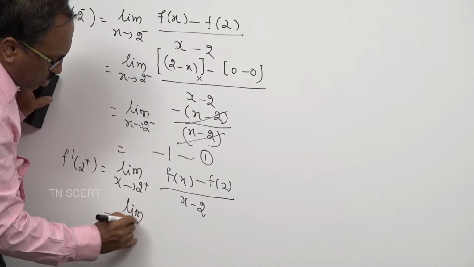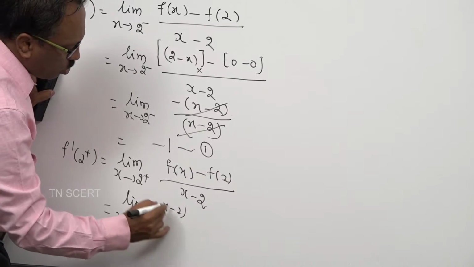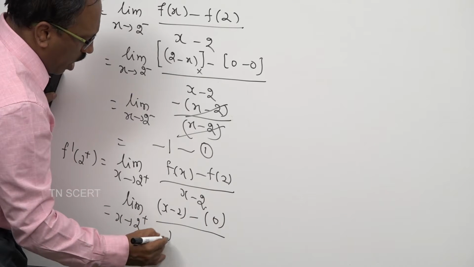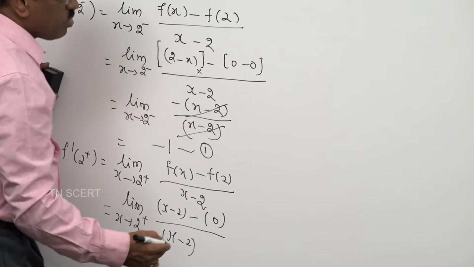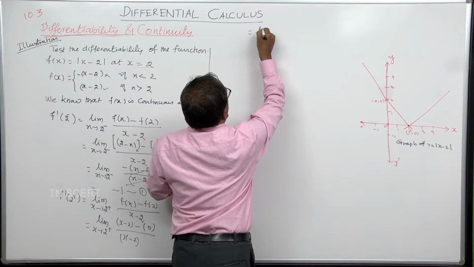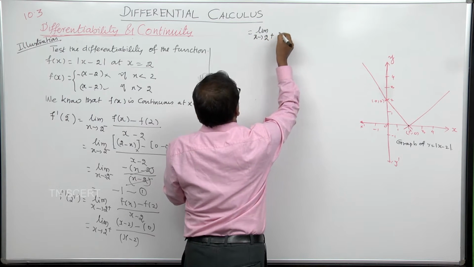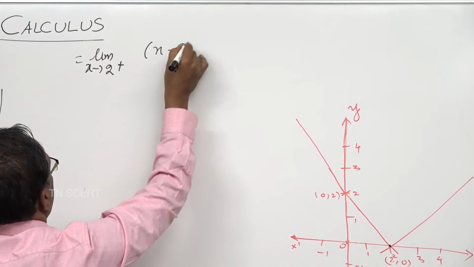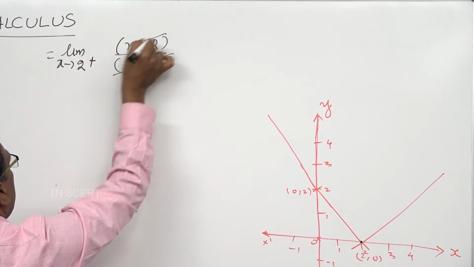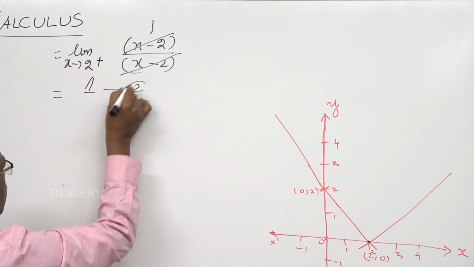The limit as x tends to 2 plus of x minus 2 minus 0 over x minus 2. That means the limit as x tends to 2 plus of x minus 2 by x minus 2, and the answer is 1.